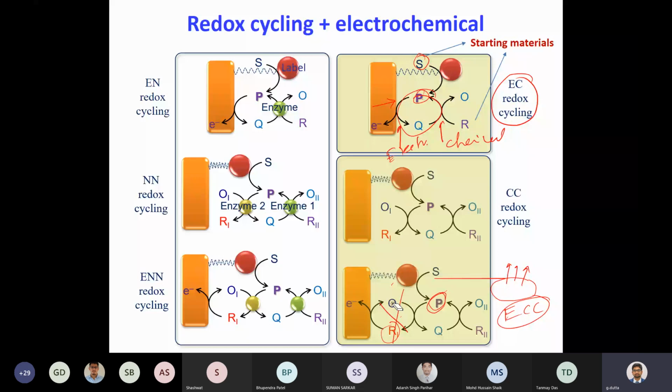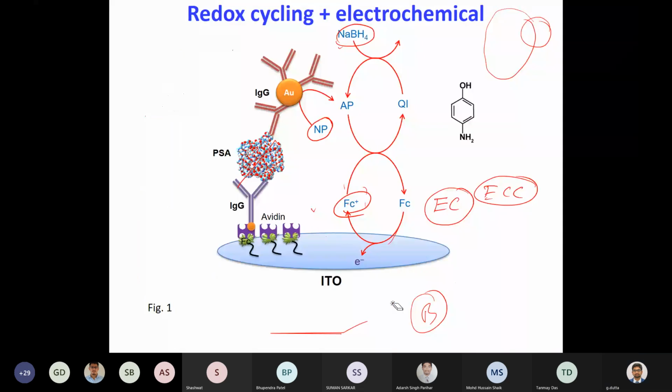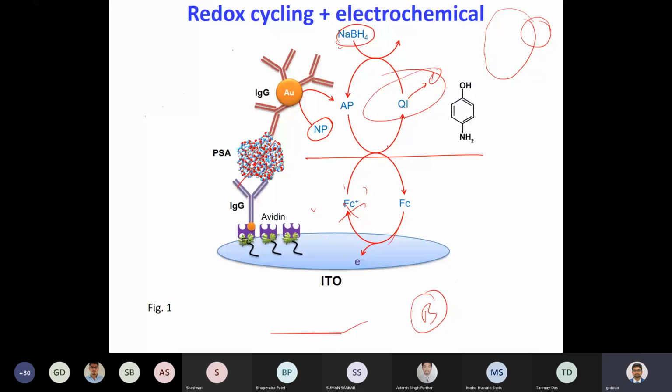Then only you will get one more cycling. Here only the chemical reaction, and then you have to apply the electrochemical reaction, then it will be EC redox cycling. But if you add Fc, then it will be ECC. Clear?